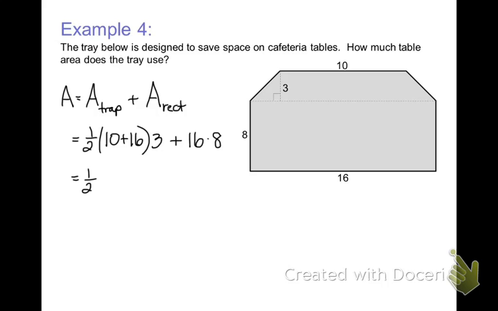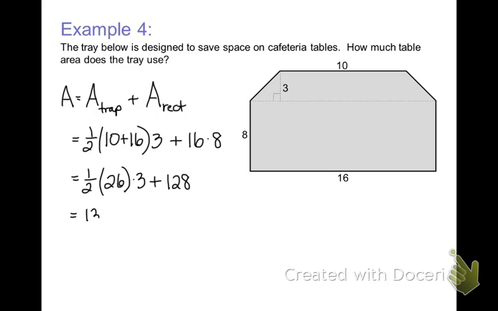All right. 1/2 times, what's 10 plus 16, sorry. 26 times 3, we'll get there in a second. What's 16 times 8? 128. All right, which number is it easier to take half of, 26 or 3? 26.